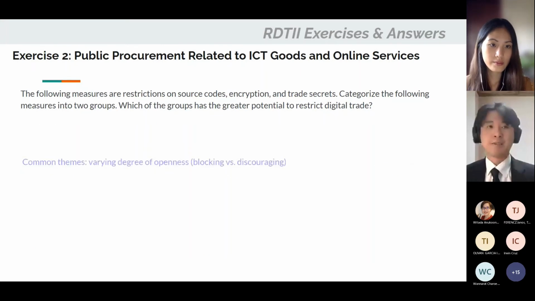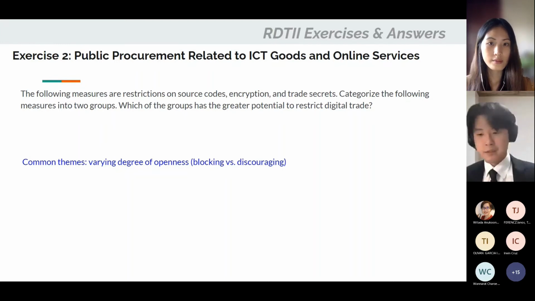So in this exercise, we wanted to show that there is a varying degree of openness under the framework of RDTII. At the beginning, I mentioned that one of the prongs of digital integration is openness, but there is a varying degree of openness. Restrictive trade regulatory measures are not equally restrictive.